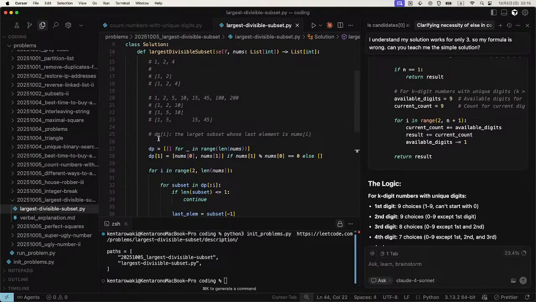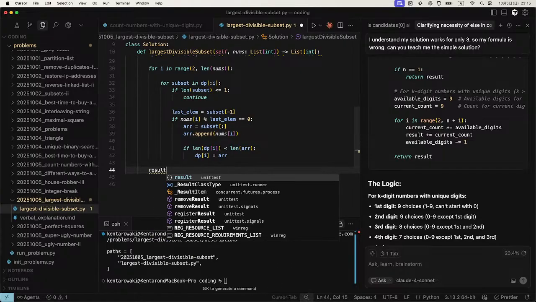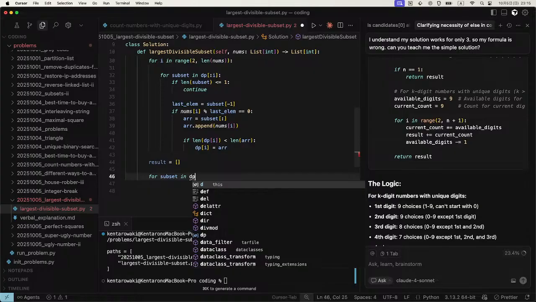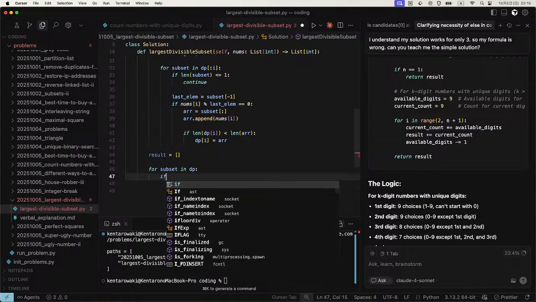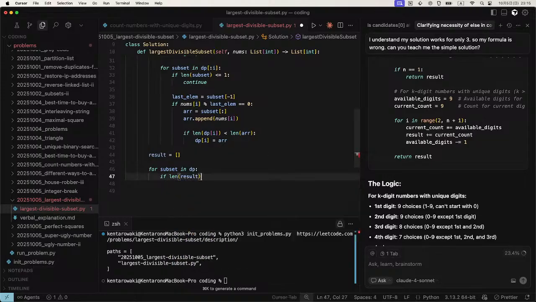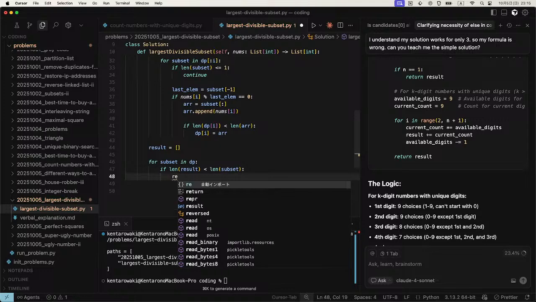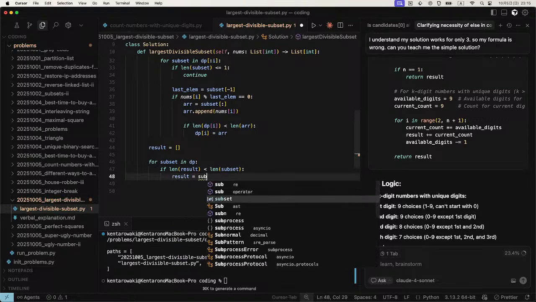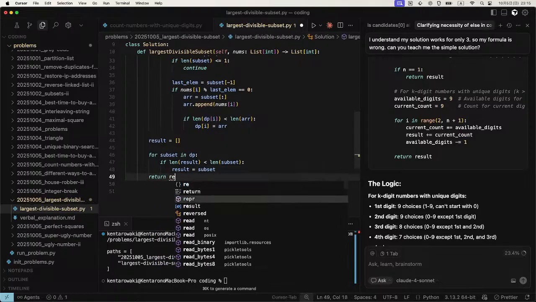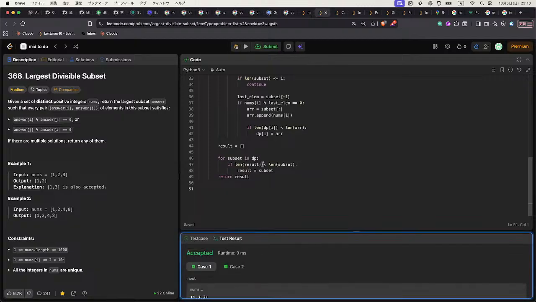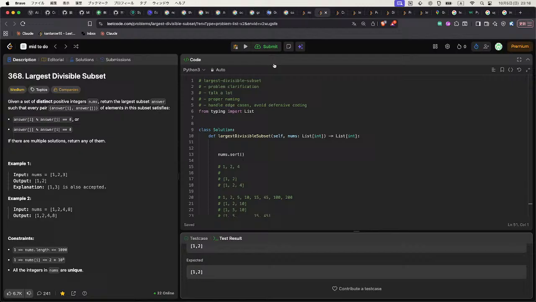I don't know where the largest subset is, so we have to, for subset in DP, if result is less than len subset, we update the result and subset and return result, right? Yeah, let me submit it.